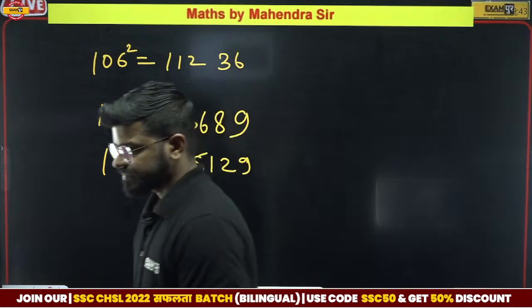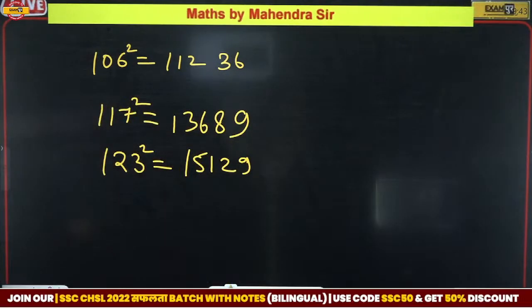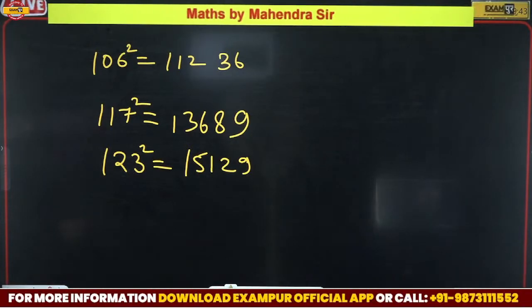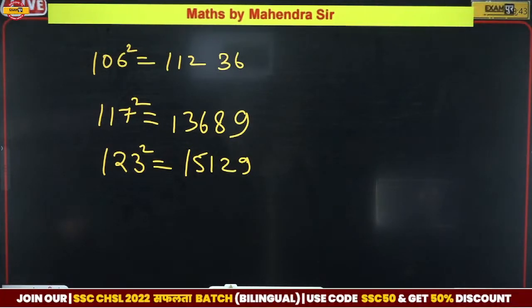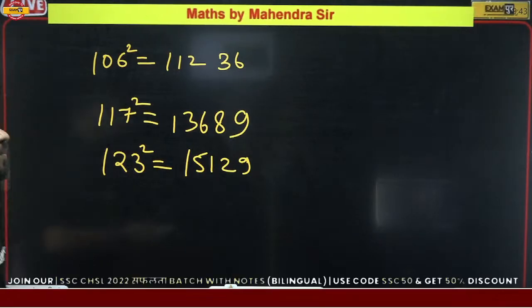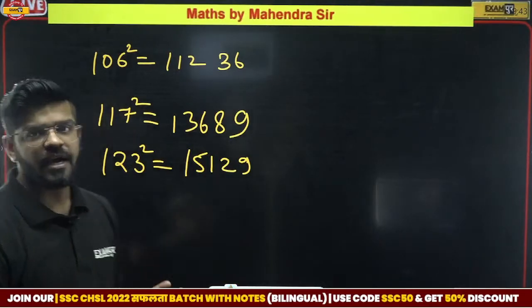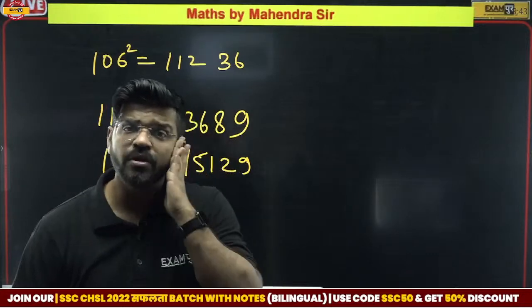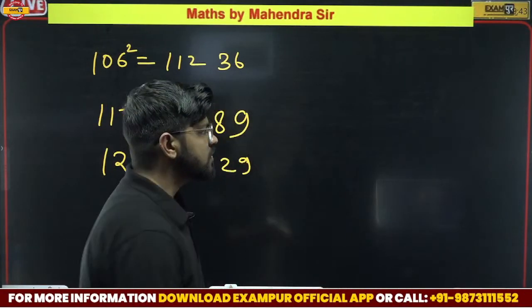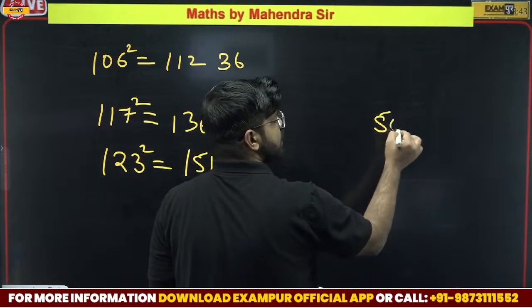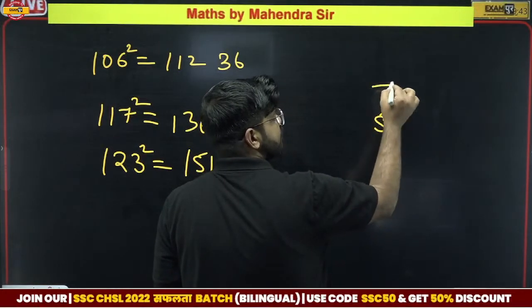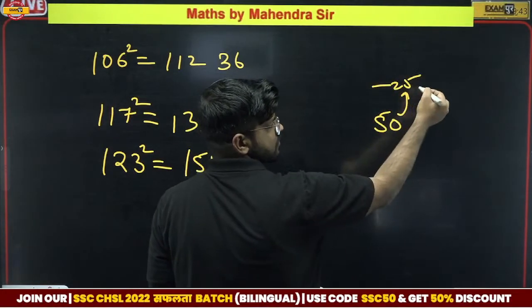Superb. So after that we have to calculate. So far what you have seen? You have seen that we have calculated squares 25 less from 100.